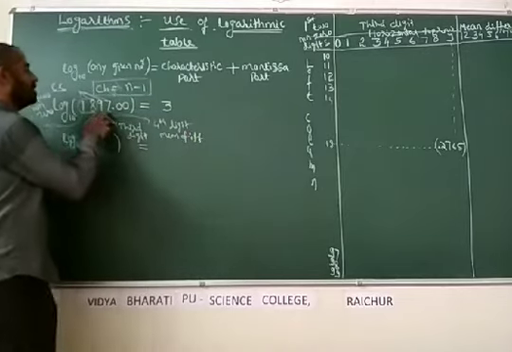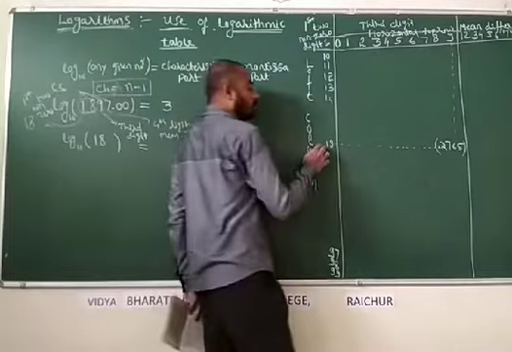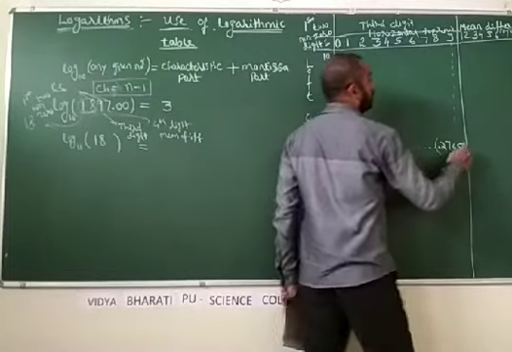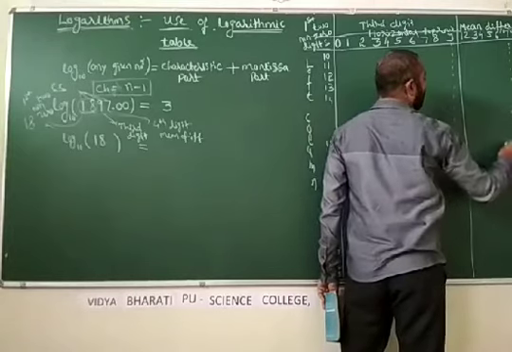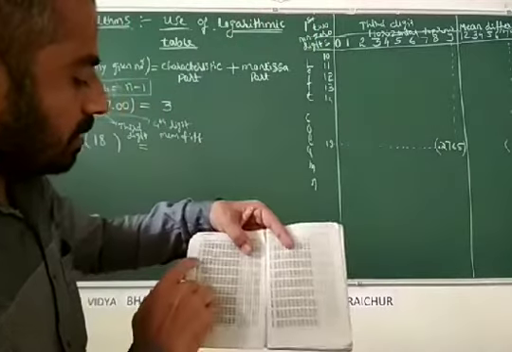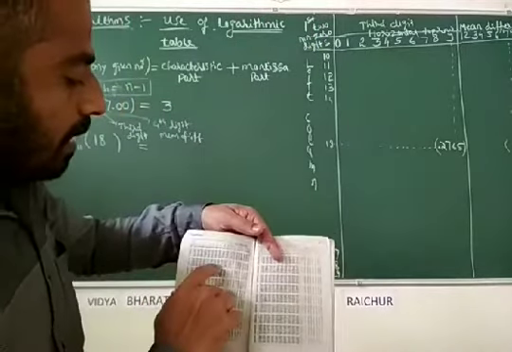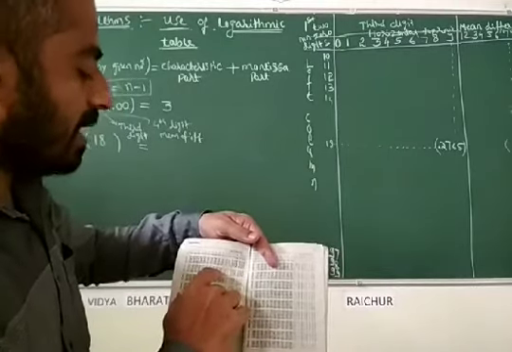It means in this example, the fourth digit is 7. In the same row, 18, in the mean difference column 7, whatever value is there should be taken. In this logarithmic table, 18 under 9 is 0.2765.